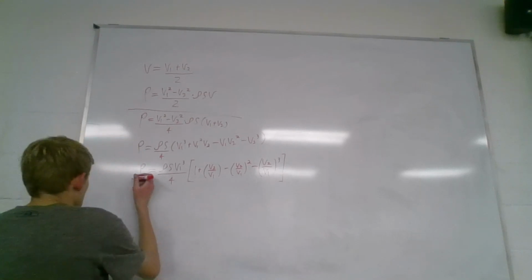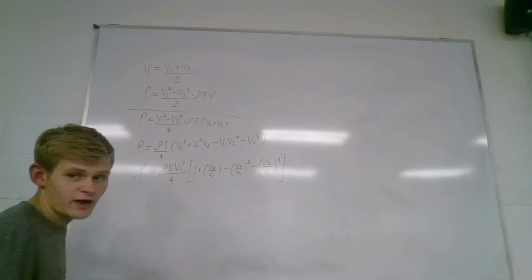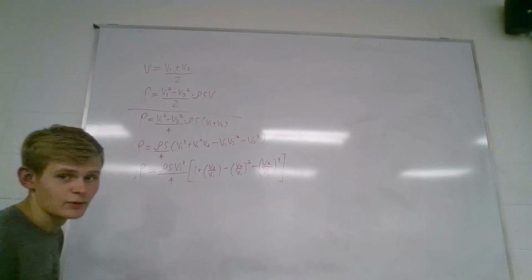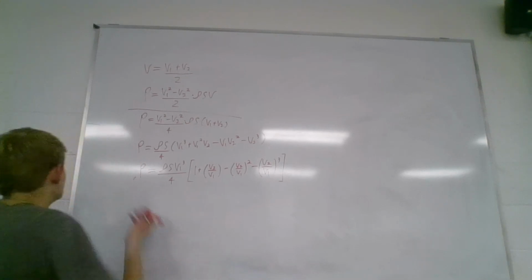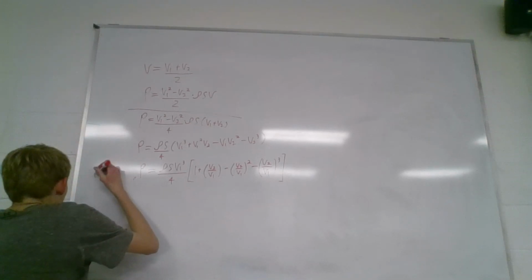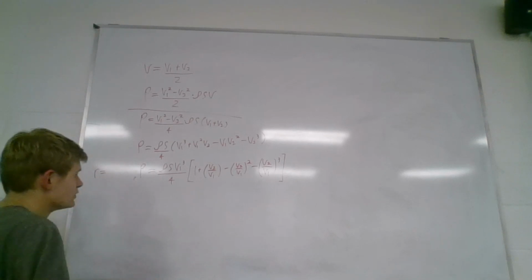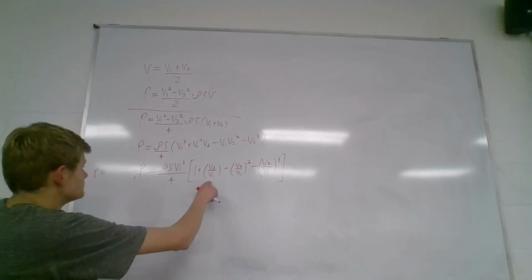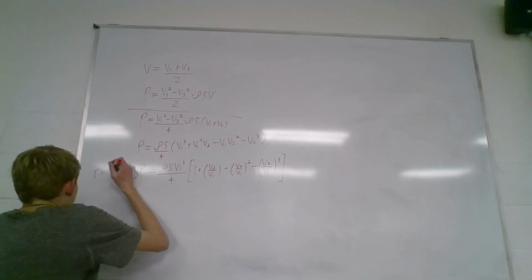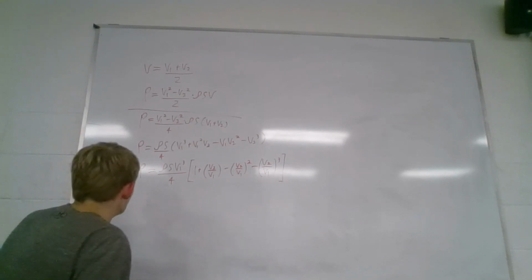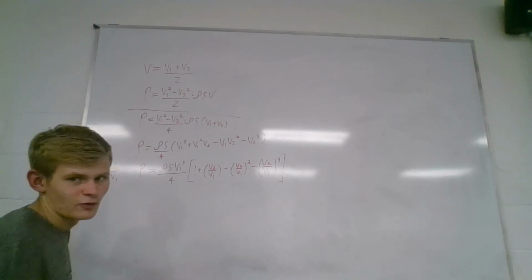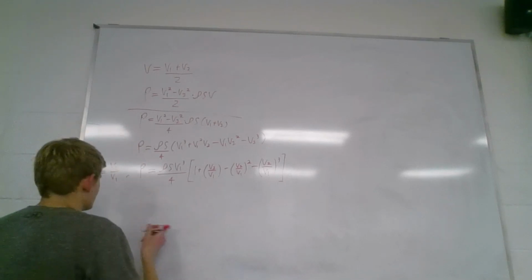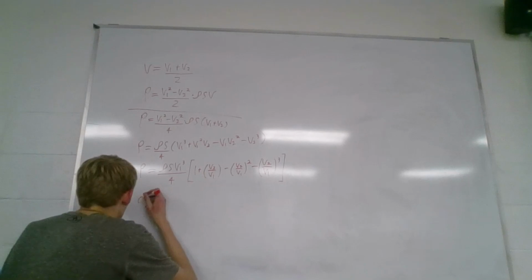So what we want to do now is set an r value, or just some random variable. We're just going to say r, because why not? So our r value is going to be V2 over V1. And we'll just rewrite it one more time before we take the derivative to see what our form is going to look like.